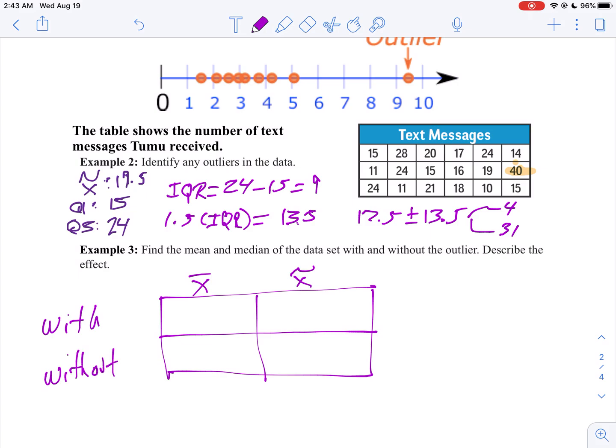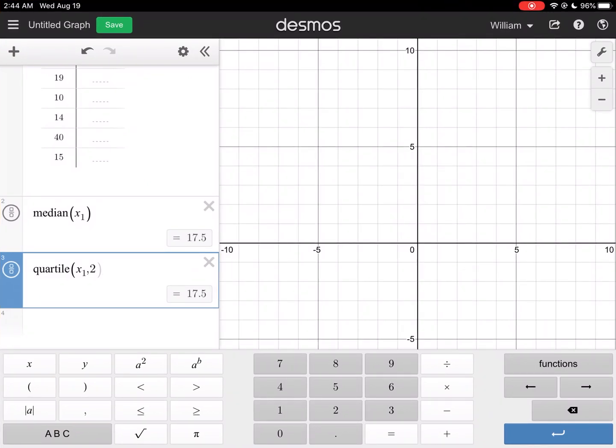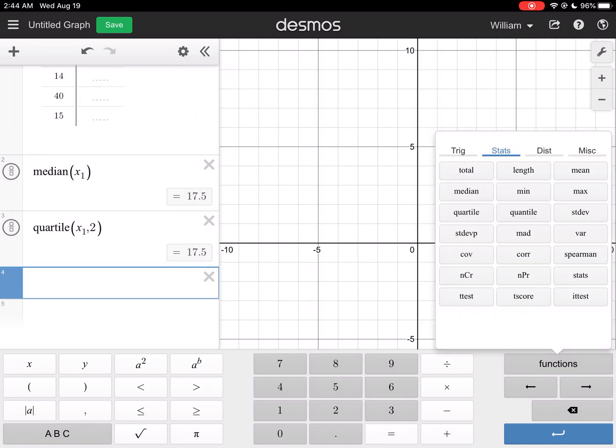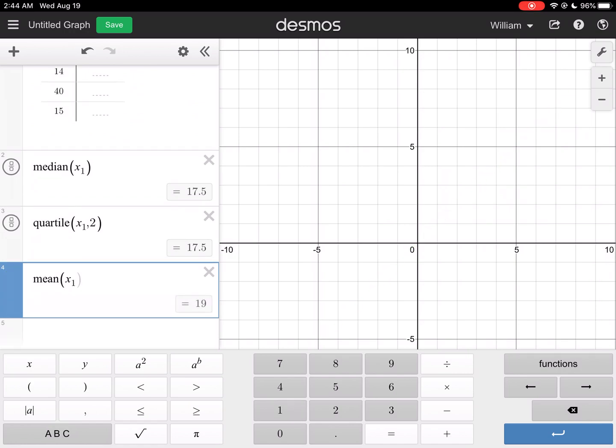Well, we already know with the outlier, because we just did it, our median is 17.5. Let's go into Desmos and find the mean of that data set. I'm going to press my function key and find the mean of x1. And the mean of x1 is 19.